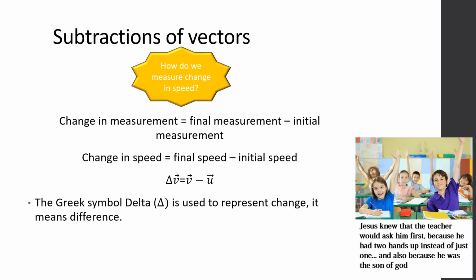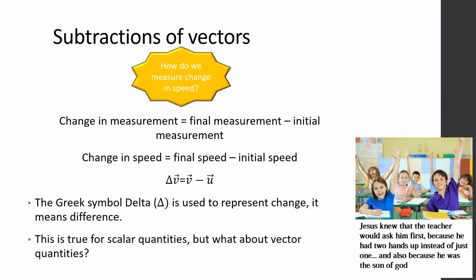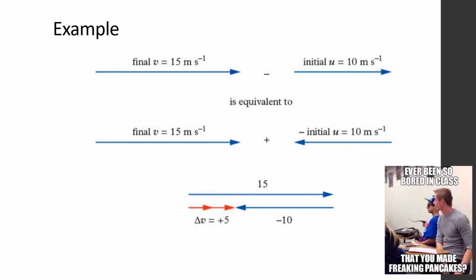It means difference, and we've come across it lots of times before. So this is true for scalar quantities, but now we're thinking about vector quantities where we have direction as well as magnitude. Okay, so how are we going to subtract vectors?